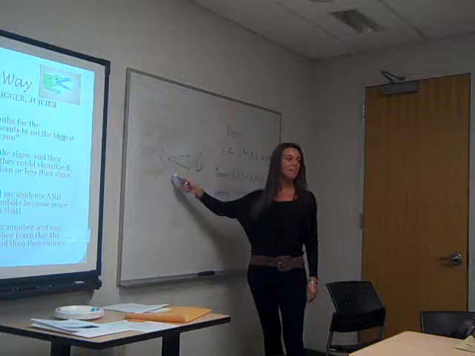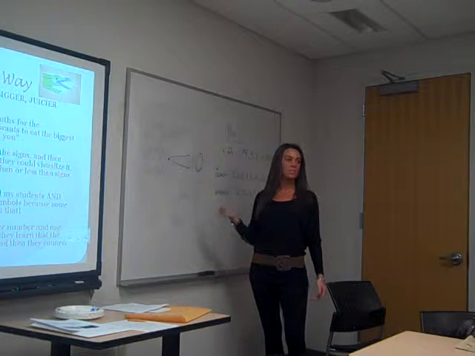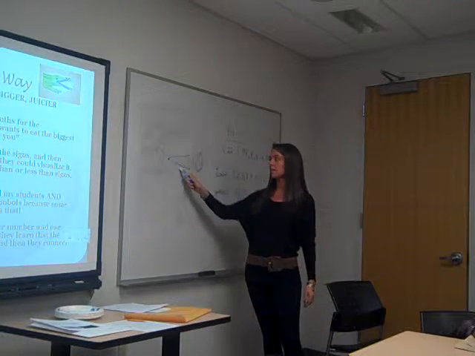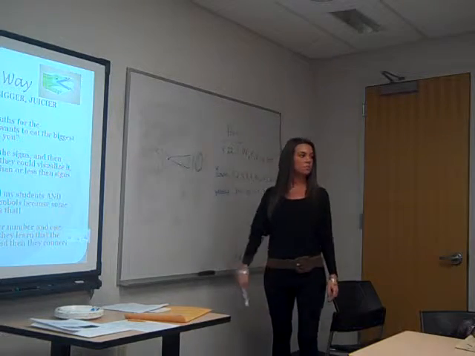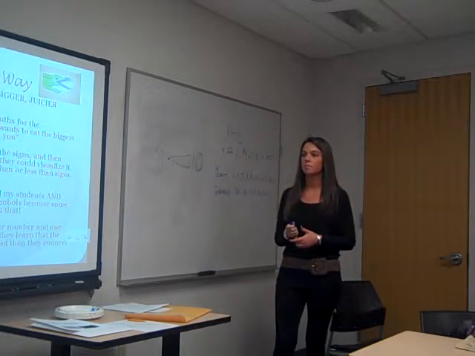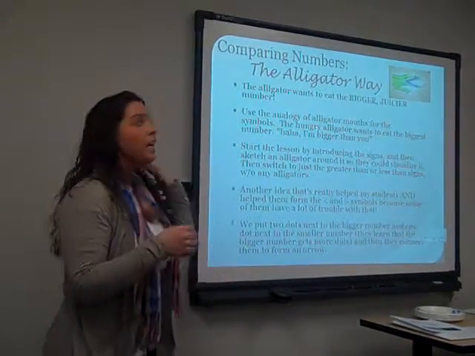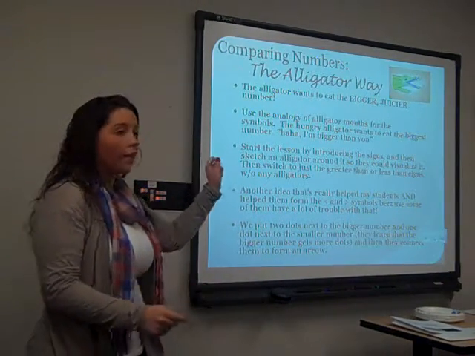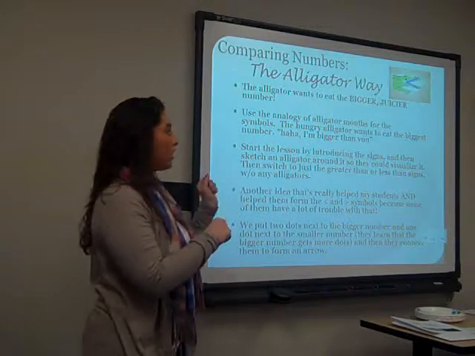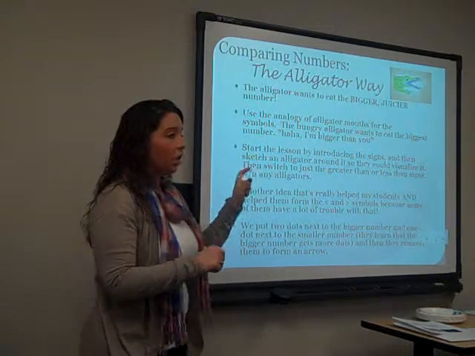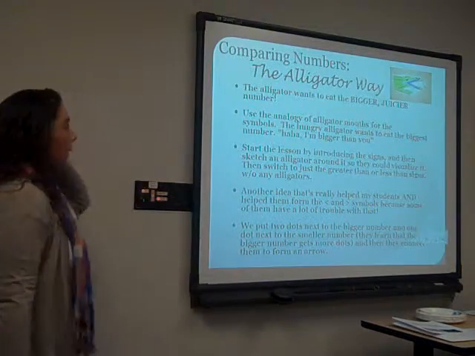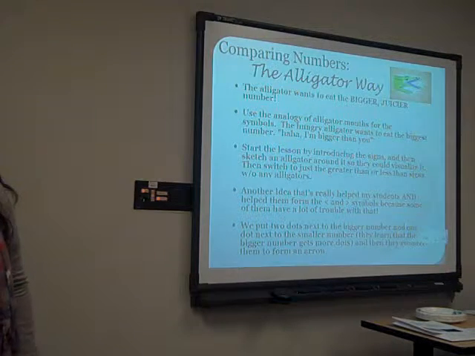By using this dot method, it's very easy for them to understand, and having them connect the dots will show them. This is also a good method because when they're doing independent work or even when you're testing them, if you see that they're drawing the dots on the paper, then you know they made the connection to understand where the dots belong, and it can help them to get the correct answer.